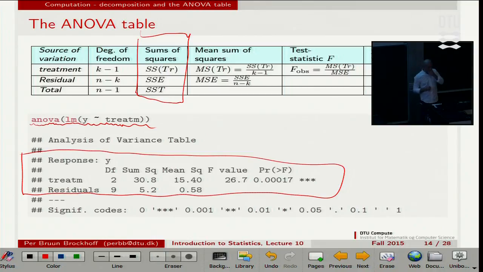Then it turns out that, of course, we need to divide by something when we are coming at the final thing that we'd like to do. The F statistics that I didn't actually show you until now, I think I will postpone that because I have it on the list, but you can see it here already.